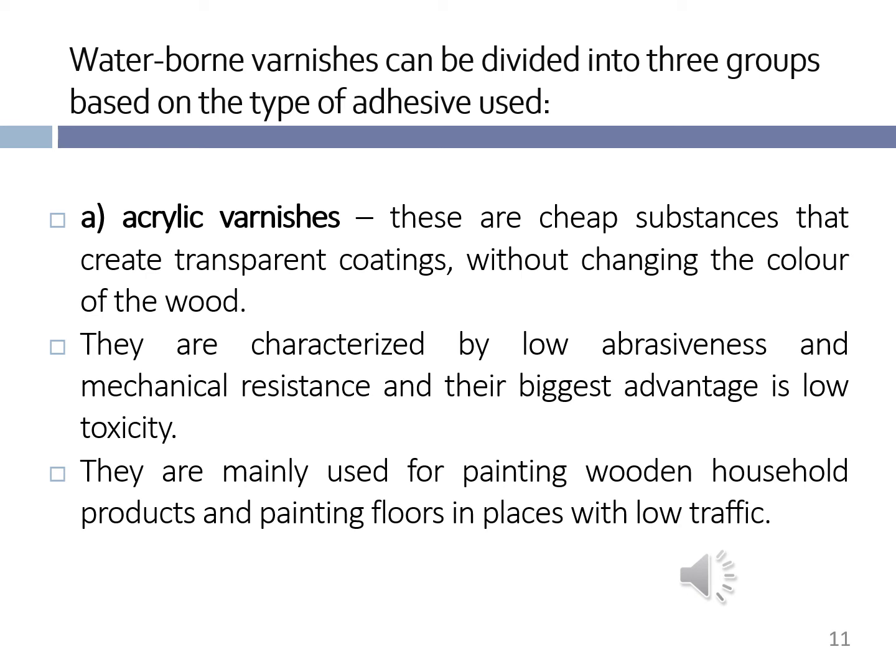What are acrylic varnishes and what are their applications? These are cheap substances that create transparent coatings without changing the color of the wood. The acrylic varnishes are widely used because they are low cost and they create a coating which is very transparent.